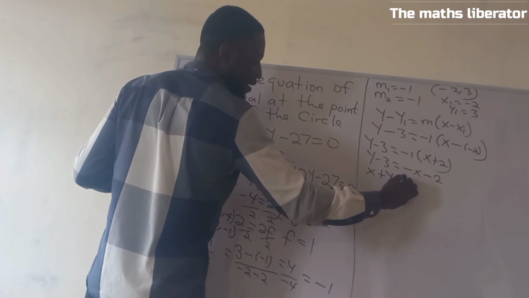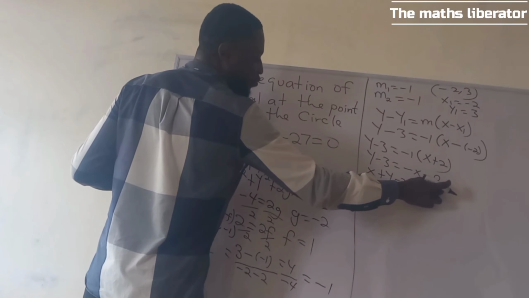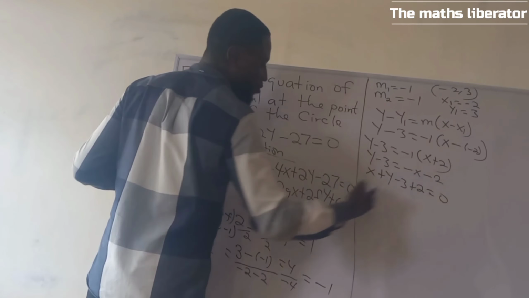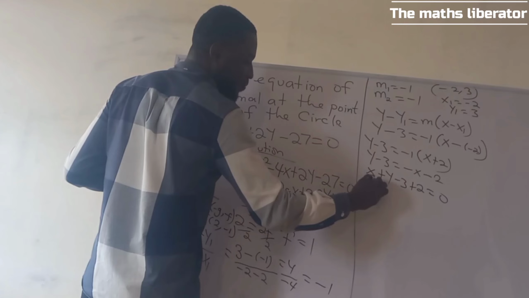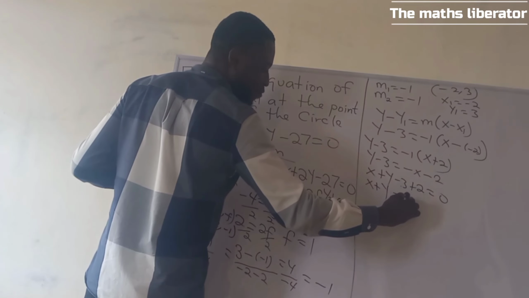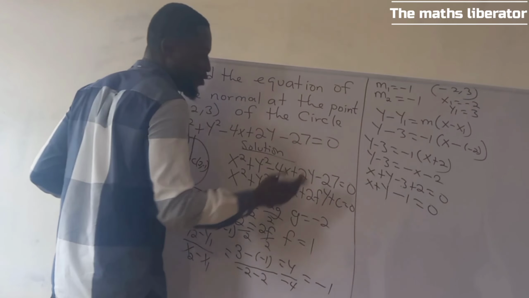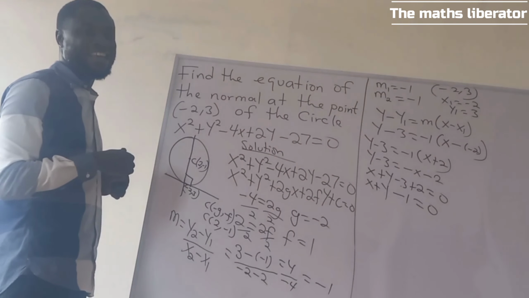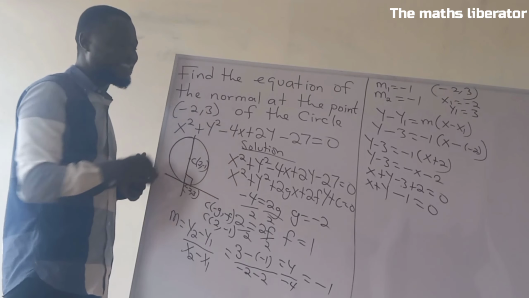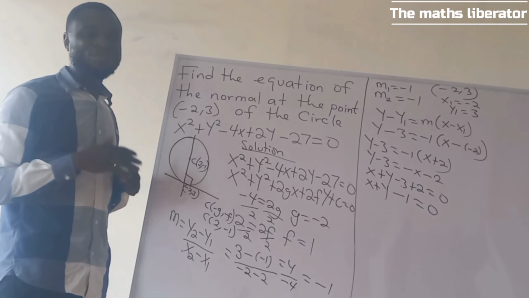Then there's -3 here. This -2 will move to the left hand side, becoming +2, all equals 0. So x plus y, -3 plus 2 gives us -1 equals 0. So this is the equation of the normal of this circle. Thank you very much.